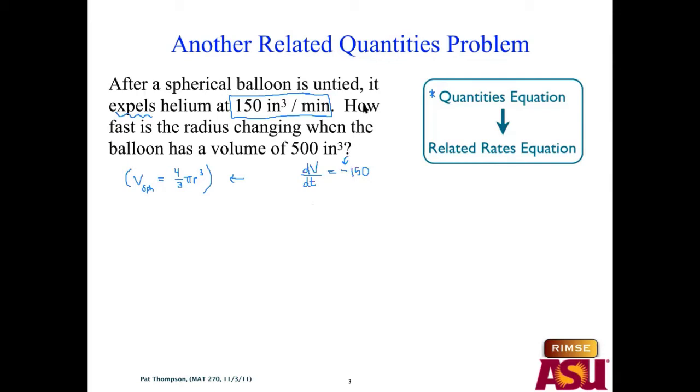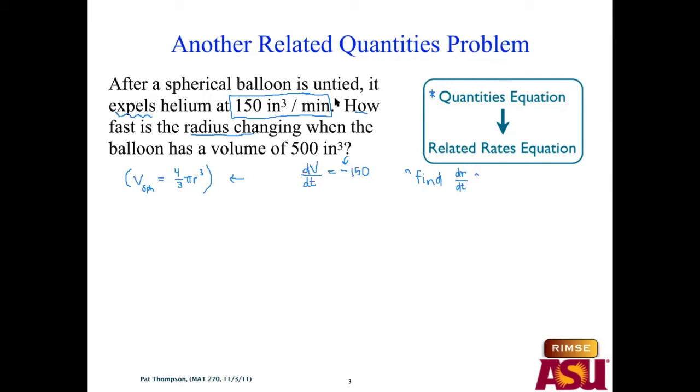So this asks, how fast is the radius changing? That's asking us to find how the radius changes, how fast. So dr/dt, I'm using, again, the generic t for time, where in this case our time would be measured in minutes, since that was the time unit used here.